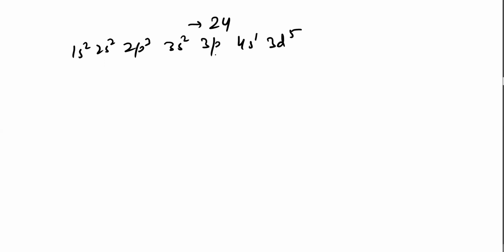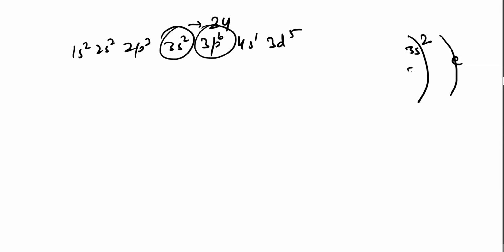So the fourth shell is going to have 1 electron only. And the penultimate shell, the third shell, previous to the outermost shell, is going to have 2 electrons of 3s2 and 6 of 3p6, so 8 will be completed here. And if it is going to have 3d1, then it can have 9. If it is going to have 3d2, then it will have 10.